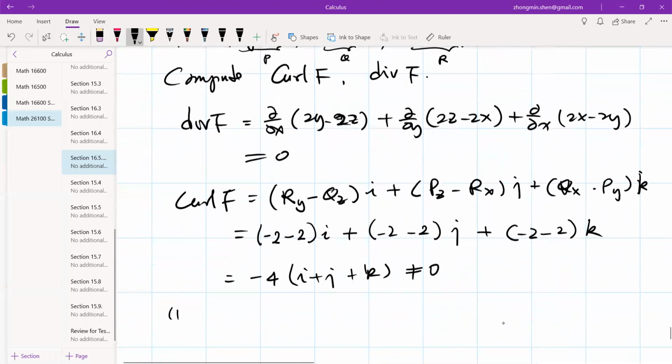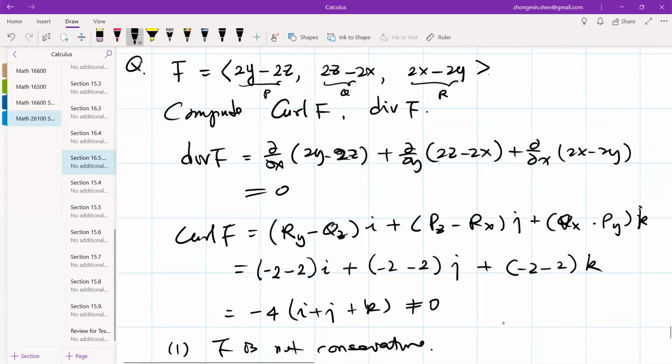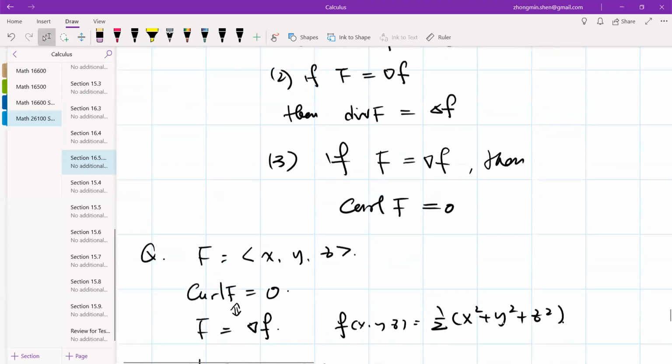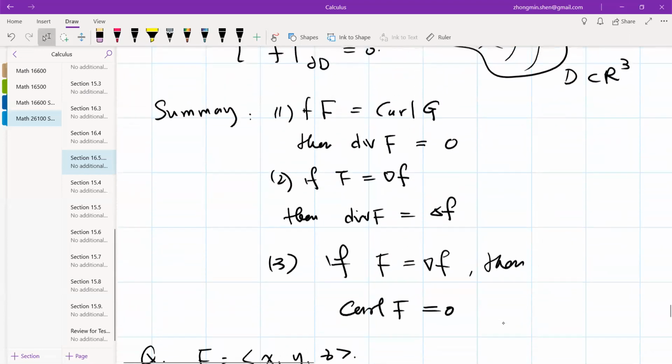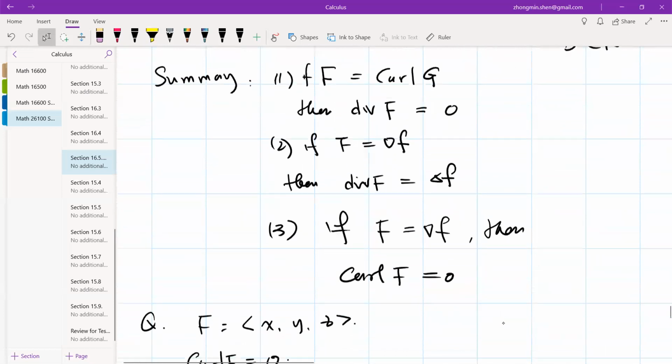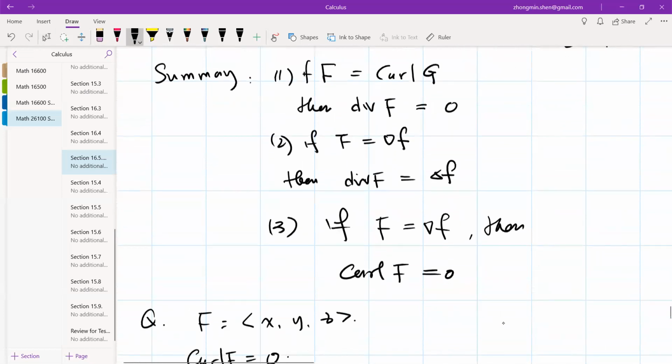We can conclude that F is not conservative, otherwise the curl of F must be 0. This vector field is not conservative. The summary says that if it's conservative, then the curl of F must be 0.